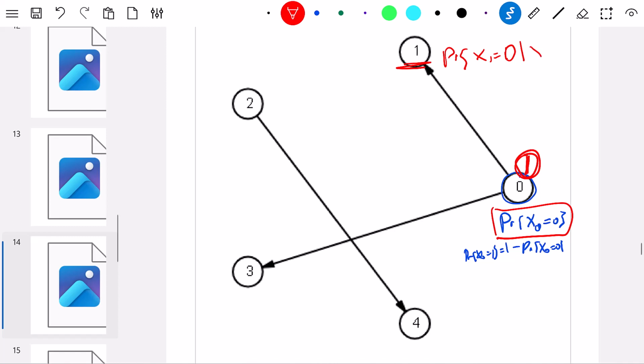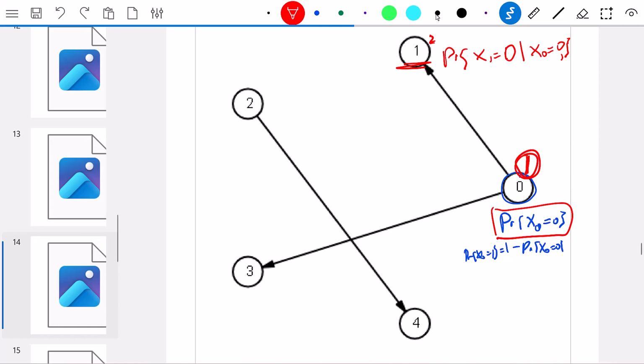The parent is x0, which can be 0 or 1, so there are two numbers to store here. I think this question is not that interesting, so let me add another branch to make it slightly more interesting.